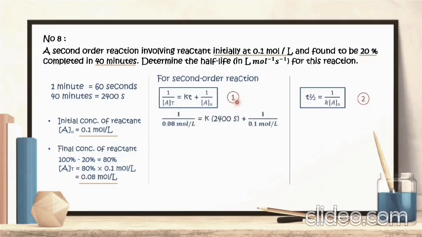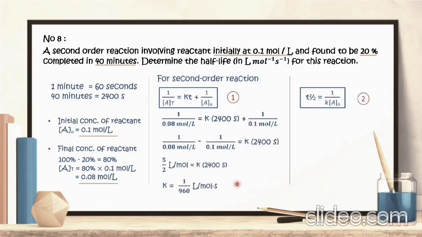The equation is 1 over 0.08 mole per liter equals K times 2400 seconds plus 1 over 0.1 mole per liter. And the answer for K will be 1/960 liter per mole per second.